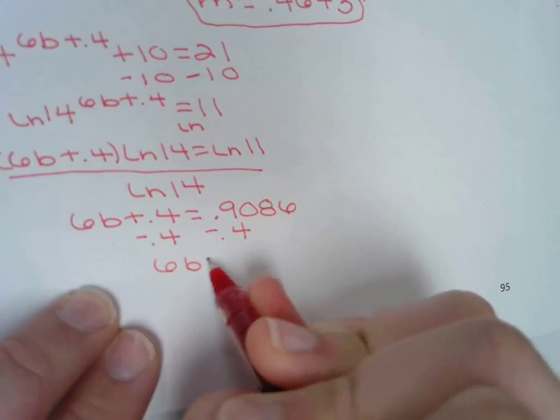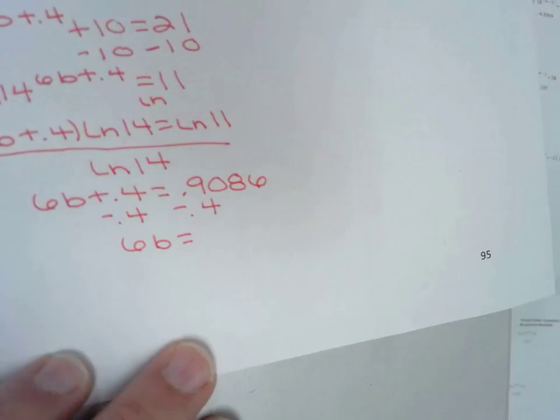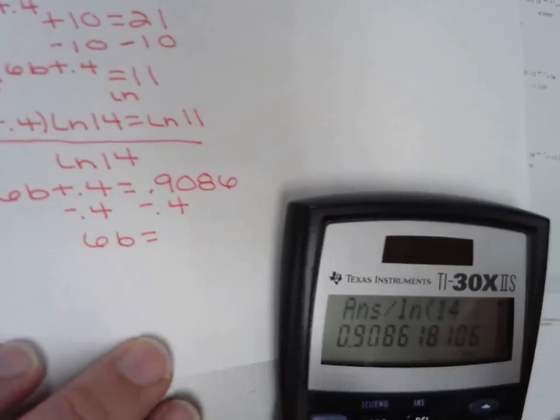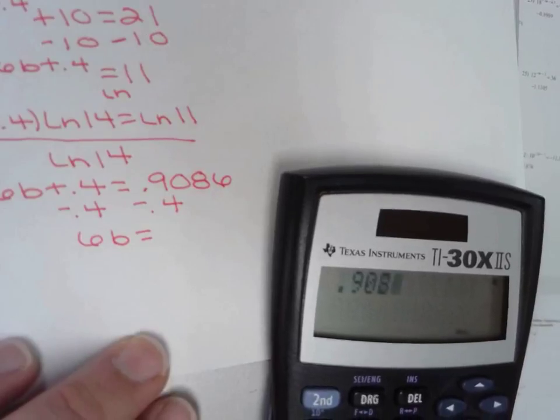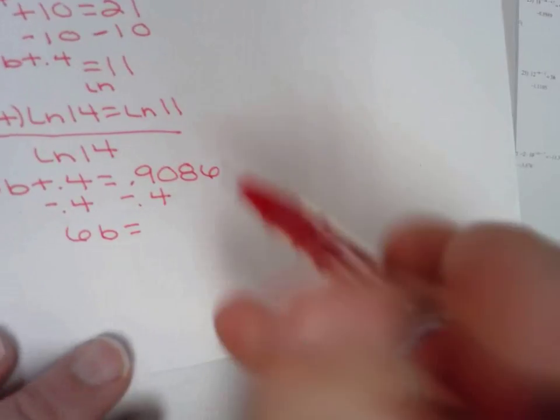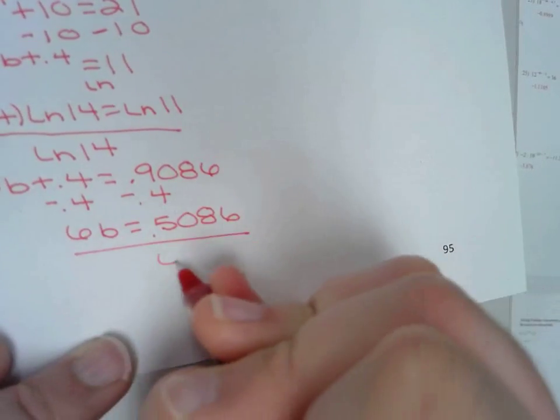So 6b equals, I don't know, plug it in your calculator. 0.9086 minus 0.4 is 0.5086. Divide by 6.